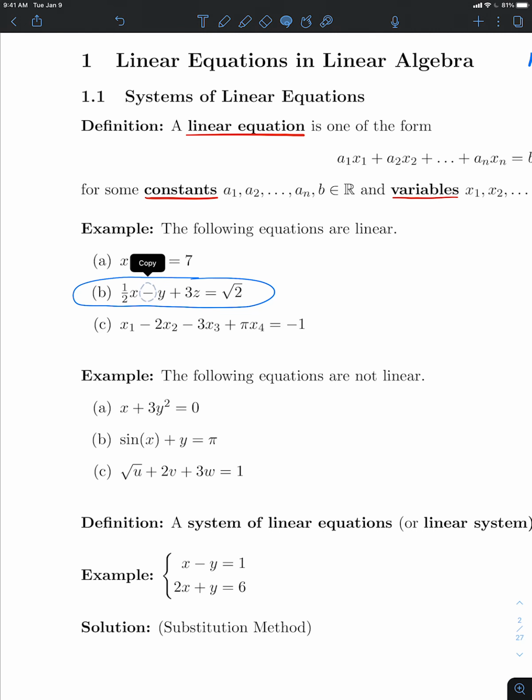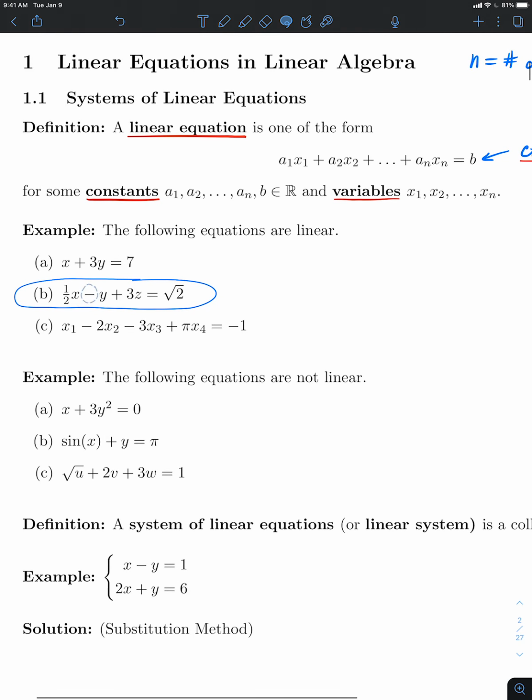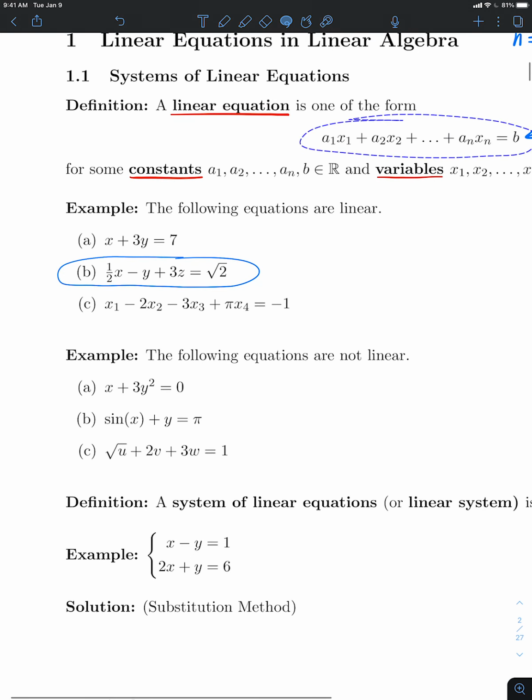So that doesn't actually follow the form of a linear equation exactly, but that's okay. It's still a linear equation. The way you interpret that subtraction is you would just say that's built into the coefficient of y. So really, the coefficient of y here is -1. And then finally, the constant term is equal to the square root of 2.